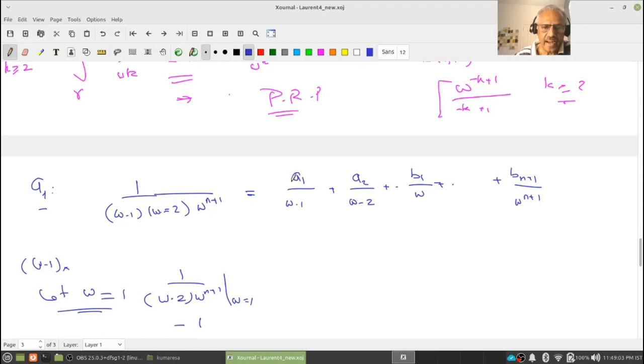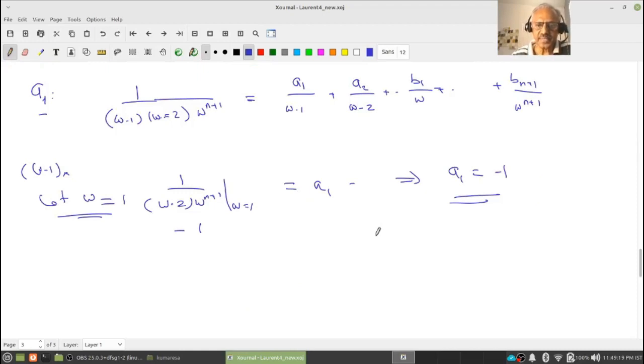And here it is going to be a1 into (w minus 1) by (w minus 1). Therefore, it's a1. All these other things will go to 0. Therefore, this implies a1 is minus 1.